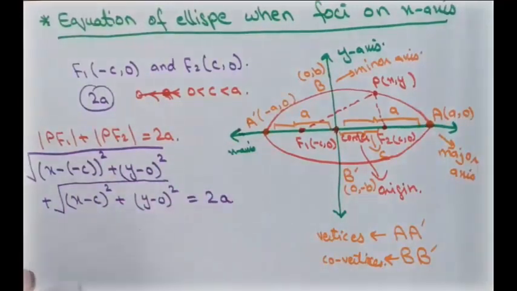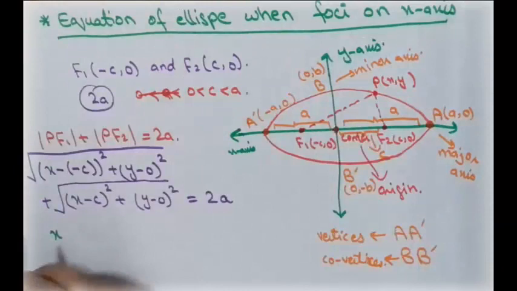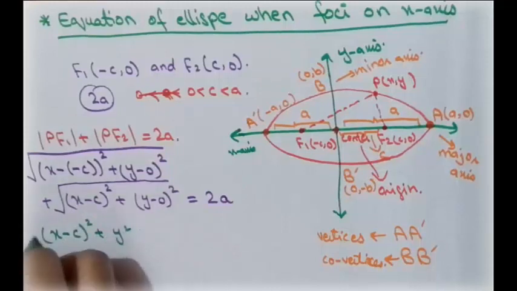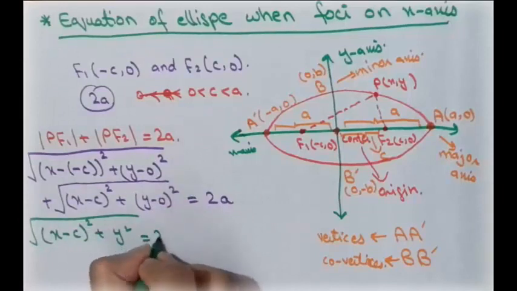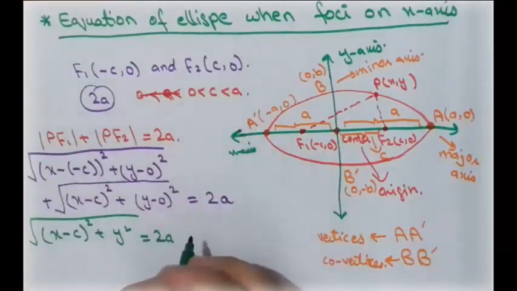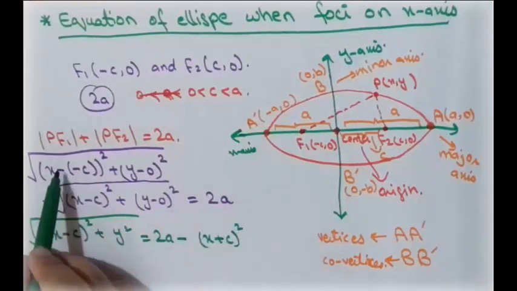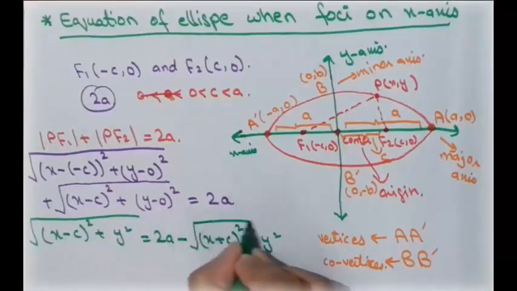Before taking a square, we do one step: we move one of the radicals to the other side for simplification. So I write the square root of (x minus c) squared plus y squared on this side, which equals 2a, and move the other radical to the other side, so it will be minus the square root of (x plus c) squared plus y squared, because minus minus is plus.